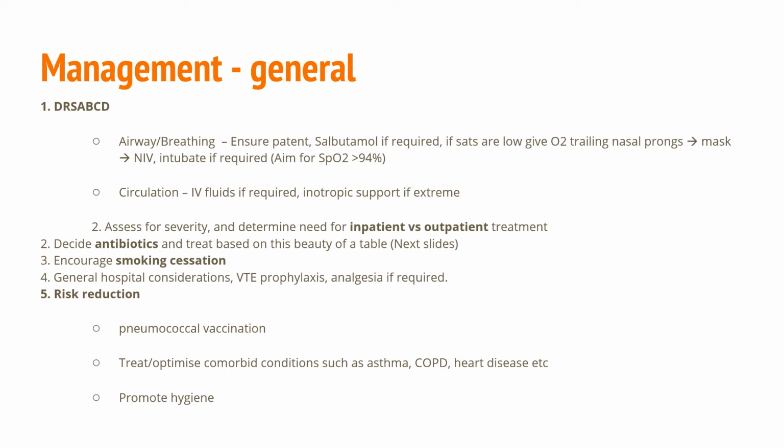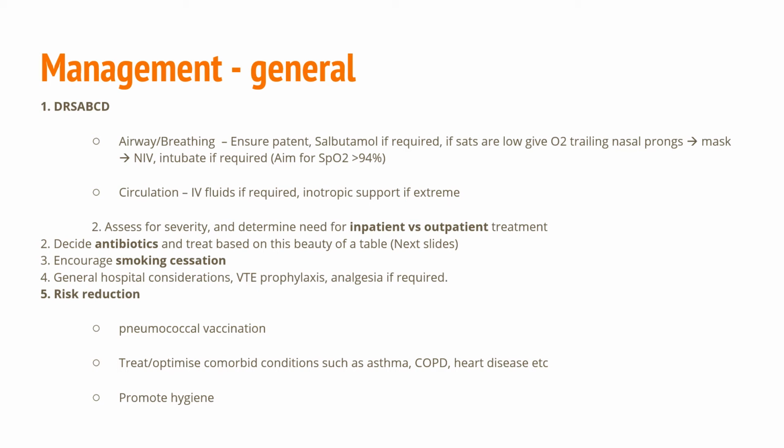So if we just talk through an example, the same example that we had last year. A 35-year-old female, otherwise well, but her respiratory rate is like 45. You'd be working through it: airway and breathing. In terms of management of this patient, I would ensure that their airway and breathing is adequate. This patient's saturation is normal, but if they were low, I would consider putting them on nasal prongs and potentially calling for ICU if they needed intubation.